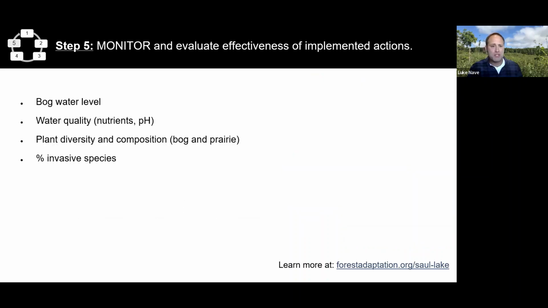And just bringing it home, since we're talking about a 5-step process here with the workbook, monitoring, that's a topic that Adrian Keller and I will be presenting on in a few weeks as part of the training. The project team identified a number of feasible variables to monitor over time so that they can assess, hey, are the actions that we chose to take having their desired outcomes? And one of those, which is probably the easiest to monitor, is just water level.